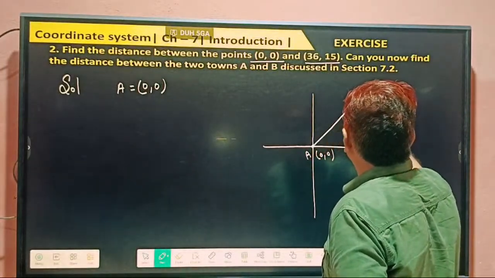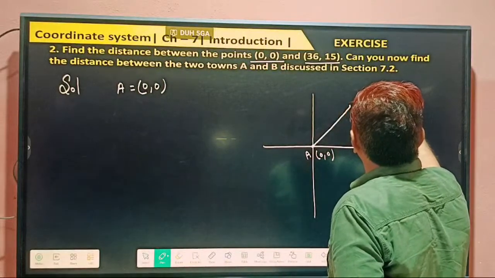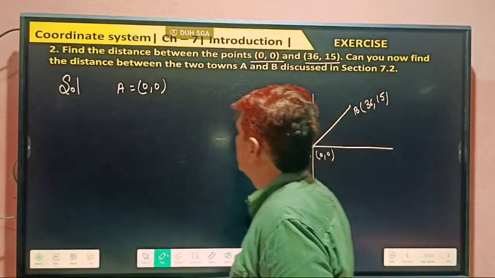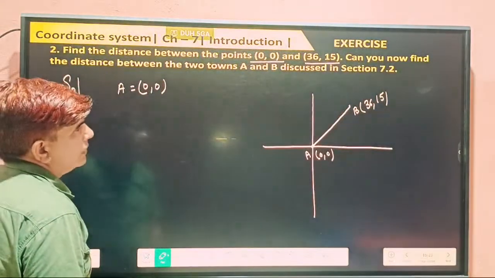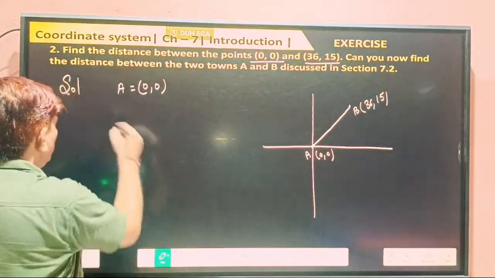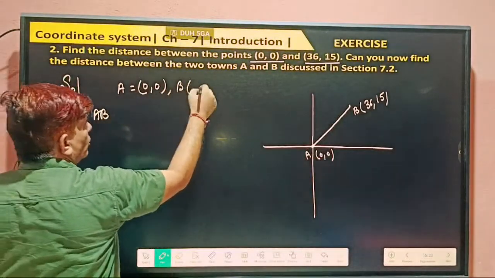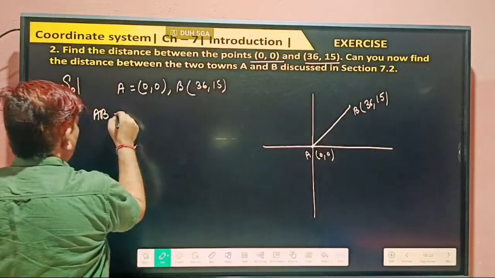So we have to find out this. This is a point B whose coordinates are these. Find the distance between this point and this point. So find out AB, and B is a point whose coordinates are 36 and 15. So what's AB?